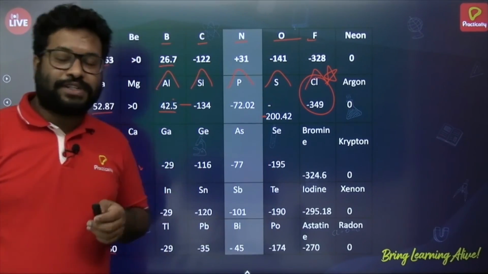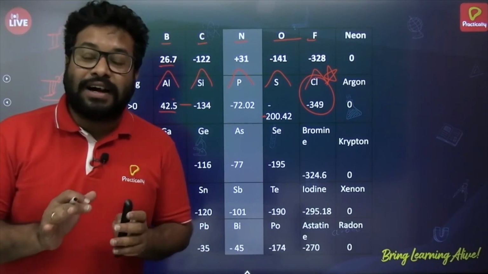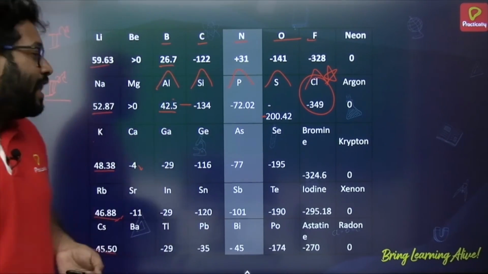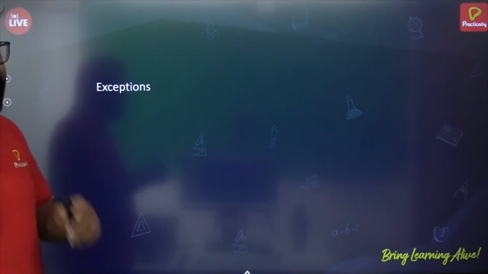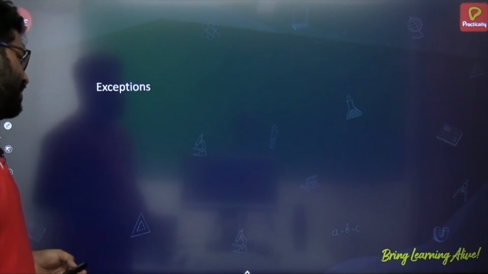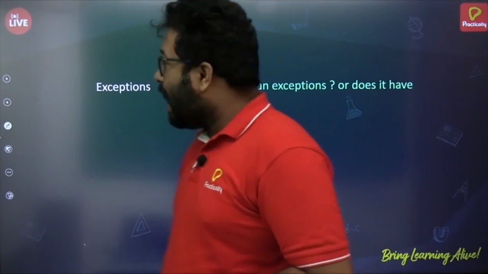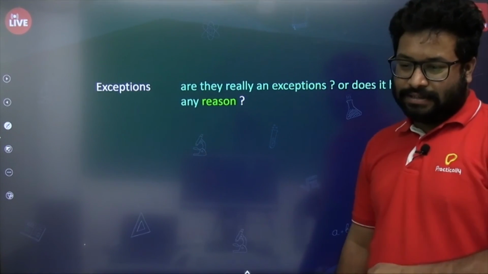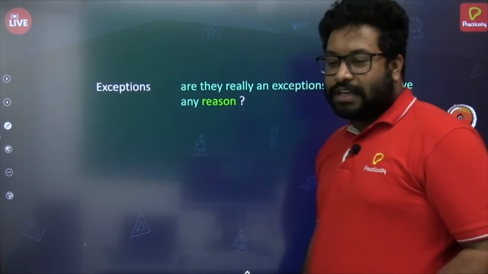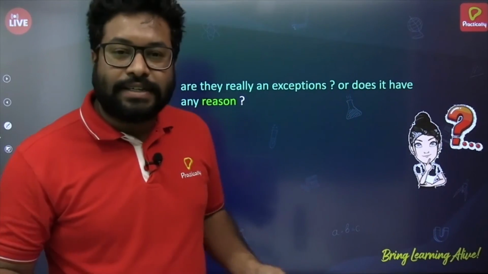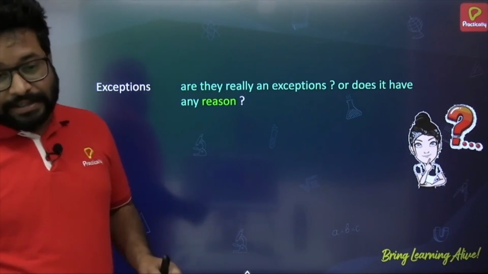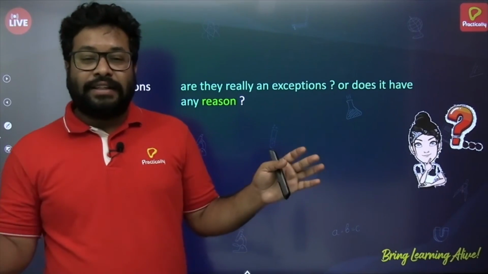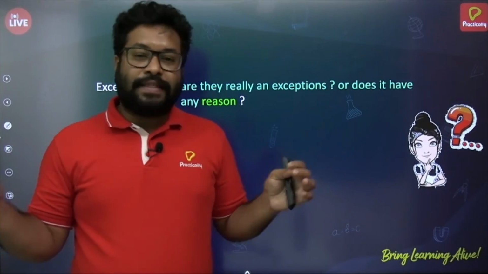I hope you are clear with all the exceptions that we have summarized today. So again the question: are they really an exception or is there a reason? We just saw what the reasons are. In chemistry, yes, there are some exceptions surely, but it is not that no exception has a reason.